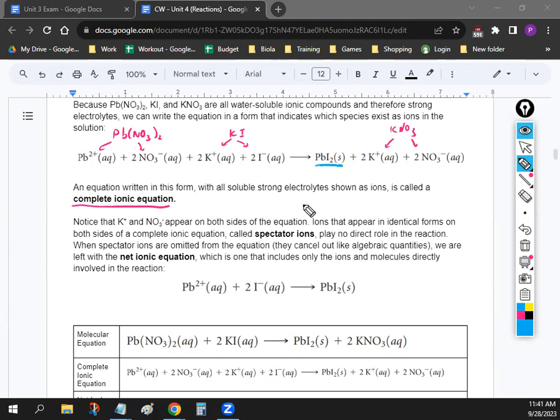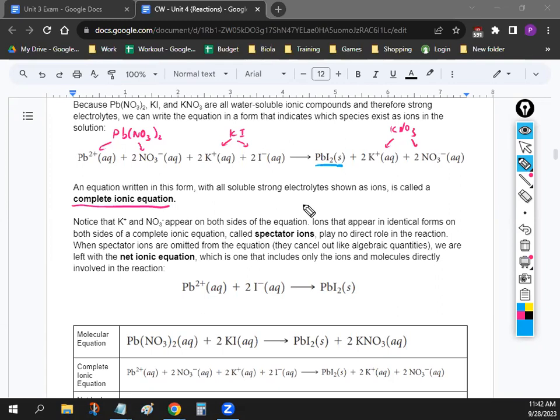The purpose of this equation is just to show you how these chemicals actually function inside of water, what they actually look like in terms of their chemistry.